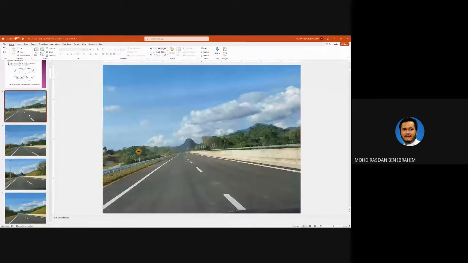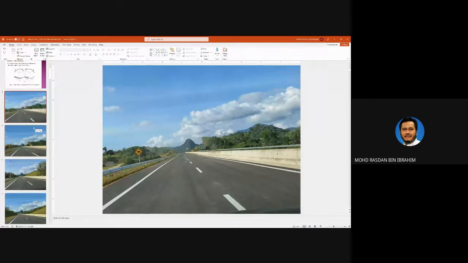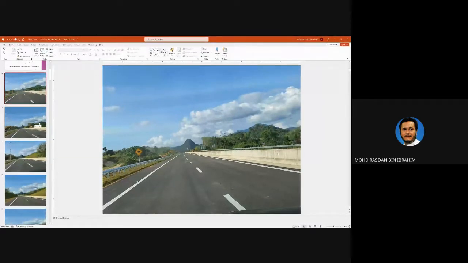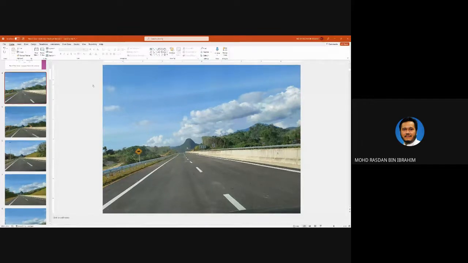All right, so this is an example. This is on the Central Spine Road towards Gua Musang in Pahang. I took this picture before the highway was open. I was doing some audit works there, so I got very clear pictures of the highway.